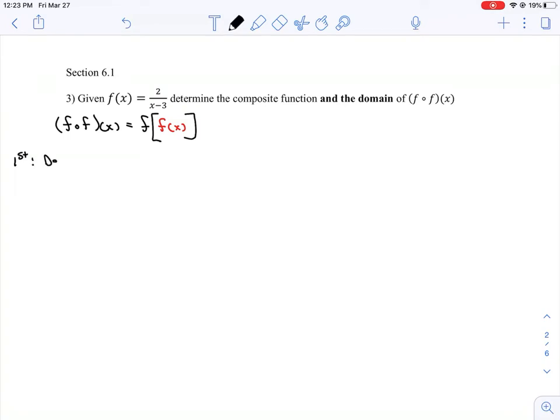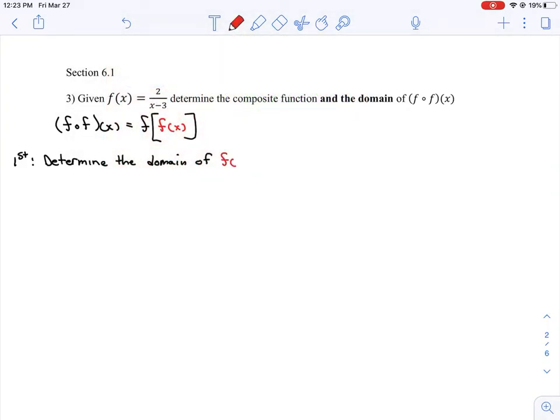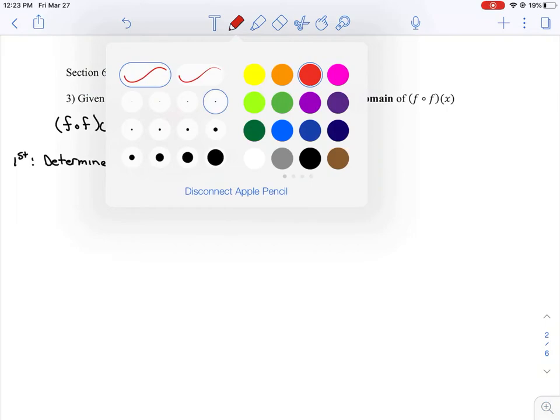So the first thing we're going to do is determine the domain of f of x.